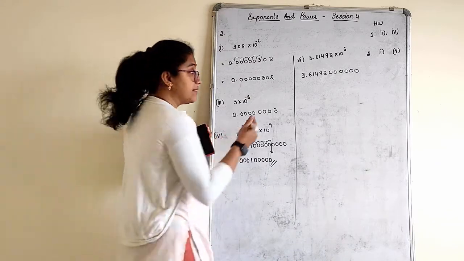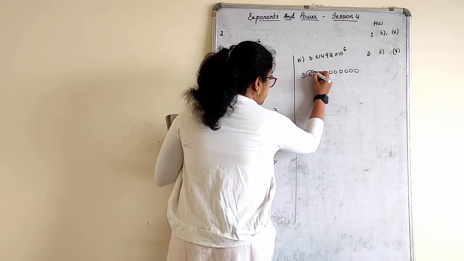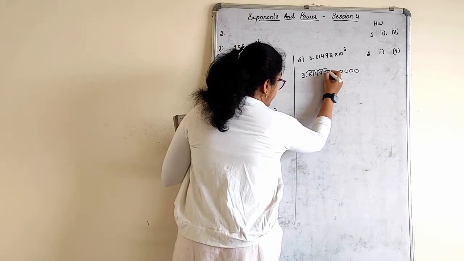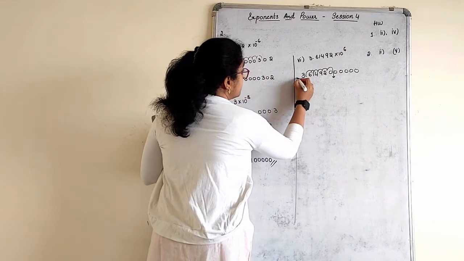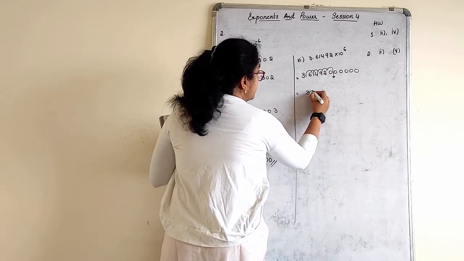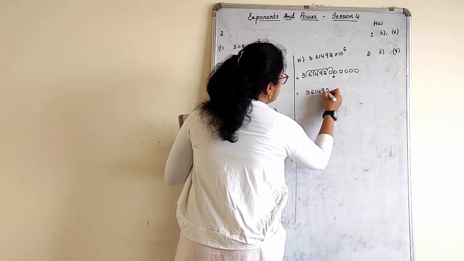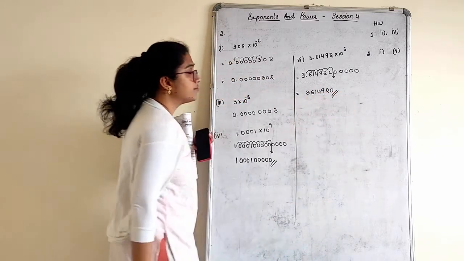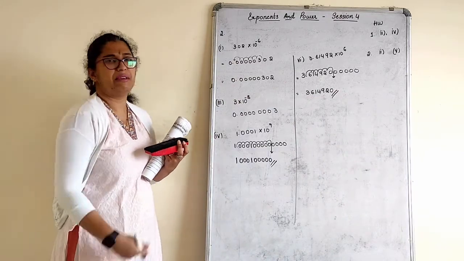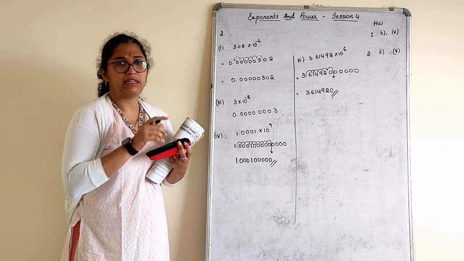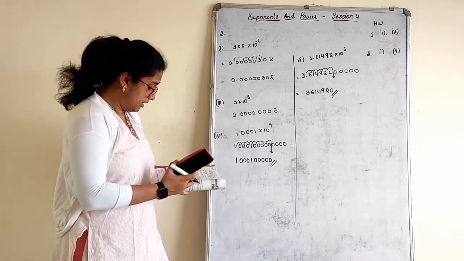Okay, shift 6 times. So your answer will be 3, 6, 1, 4, 9, 2, 0. Understood how? Simple it will be. Directly also you can write without that one step what I have added.